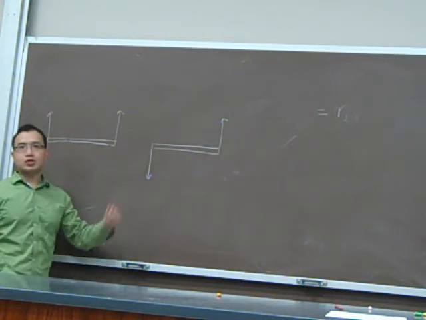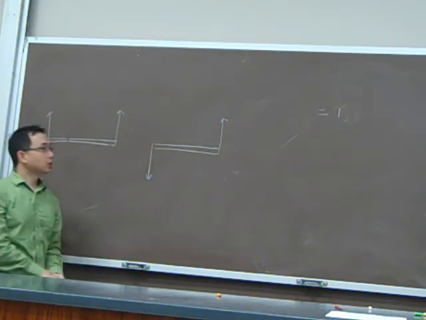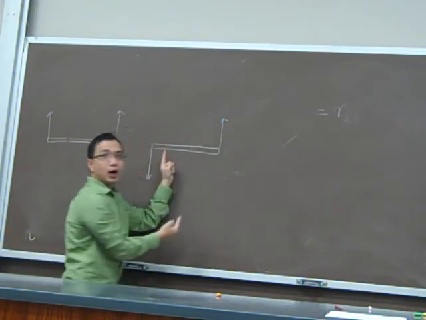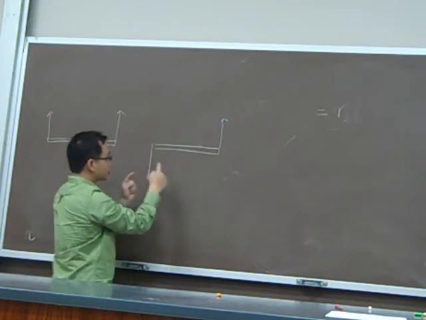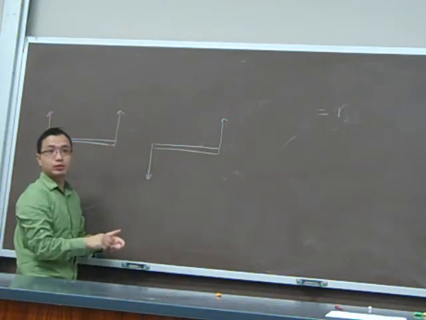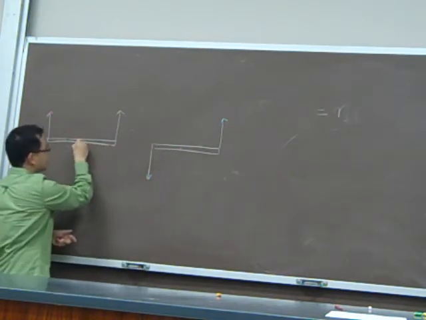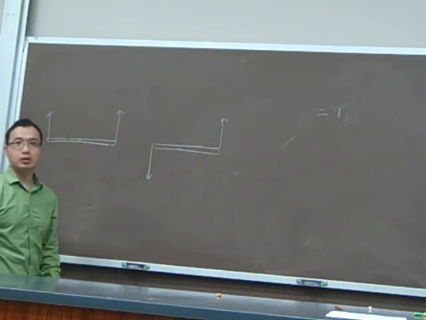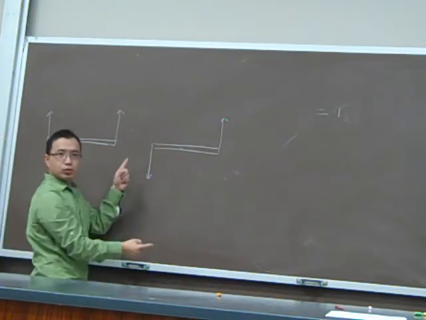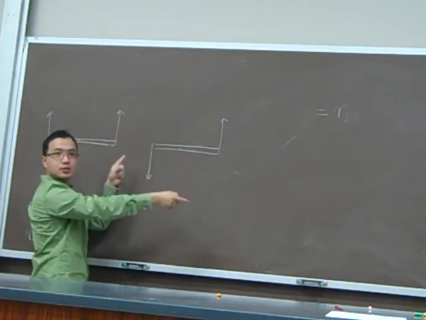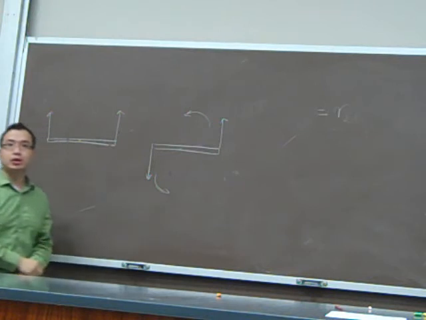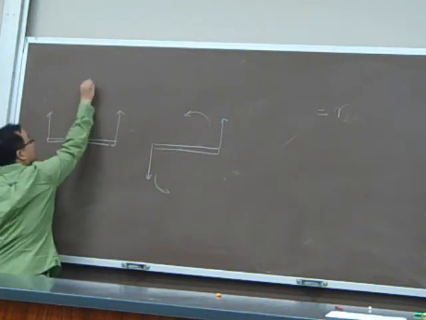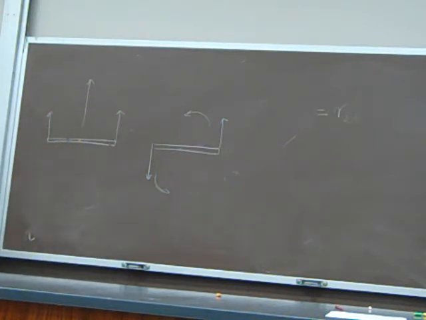But the two torques are not balanced. This torque will make a counterclockwise rotation, and this torque will also make a counterclockwise rotation, if you think about rotation about the center. So you are going to produce some rotation like this, instead of translation.